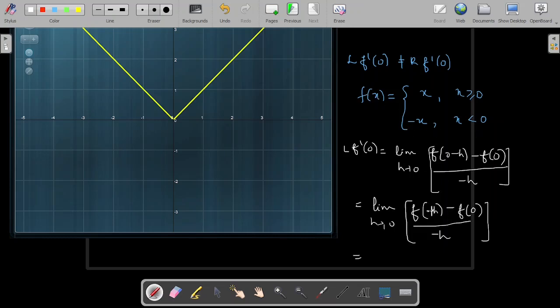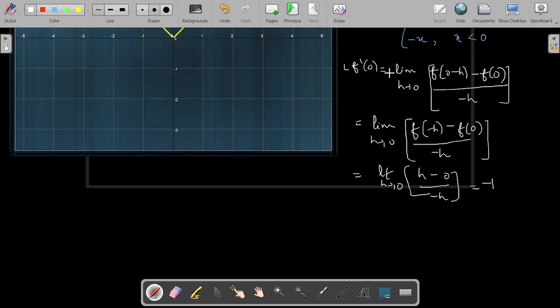Since minus h is negative, you have to choose the value minus of minus h, which is positive. So limit h tends to 0 of h minus f of 0. Put x equal to 0 in this function, it gives you 0, divided by minus h. So this gives you minus 1. So the left hand derivative is minus 1. That means as x approaches 0 from the left side, the derivative is minus 1.